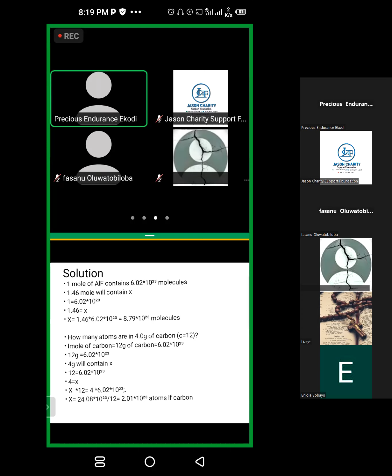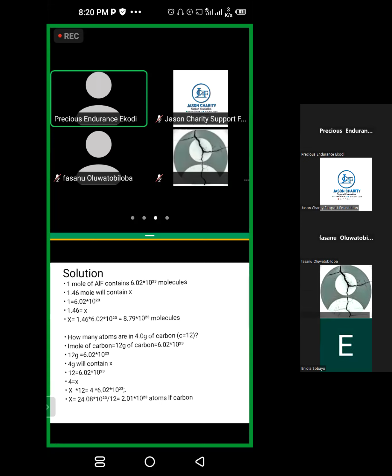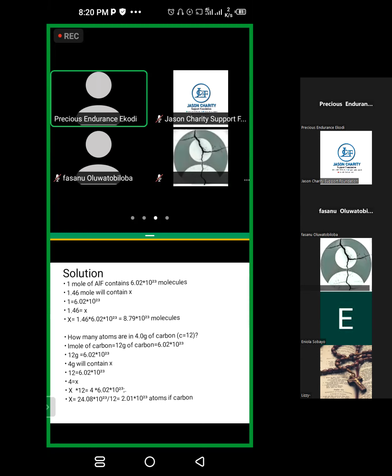Now, this question specifically asks how many atoms are in 4.0 grams. So that means they're not asking us for the number of moles. It's on the mass, which is 12 grams, and the Avogadro's constant. 12 grams is 6.02 times 10 raised to 23. Now, 4 grams will contain what?